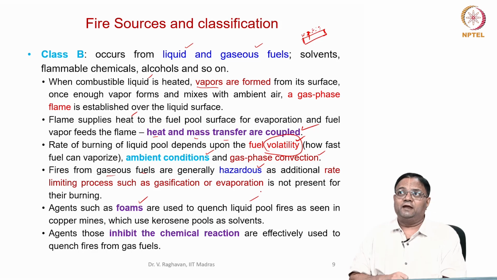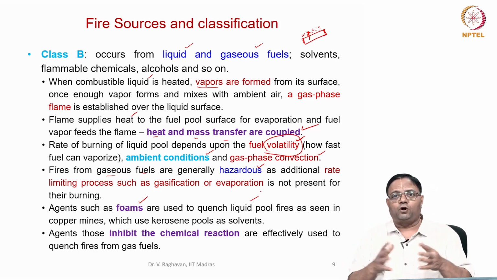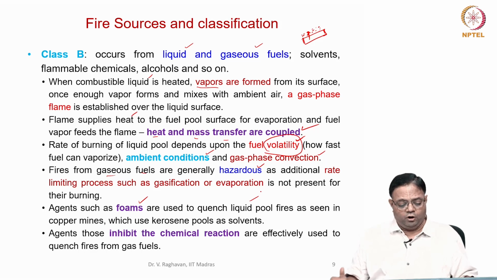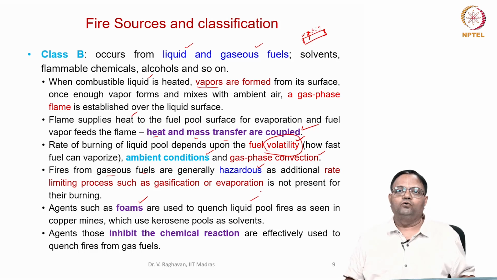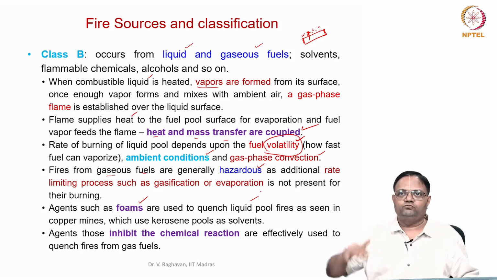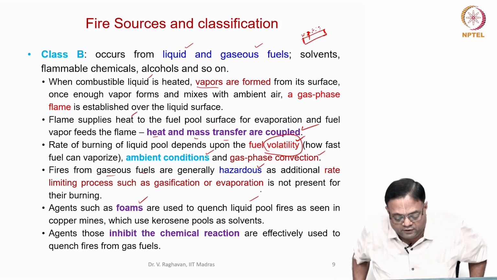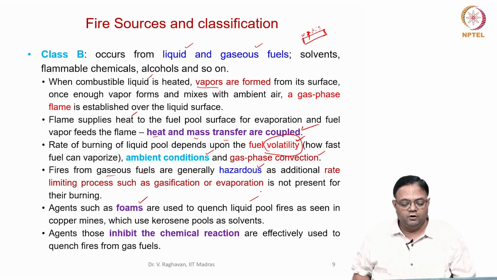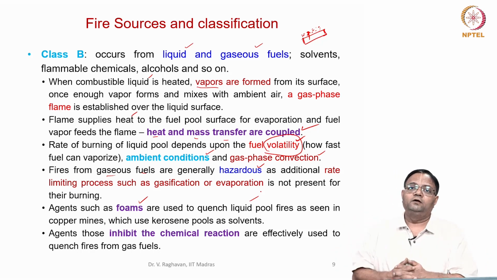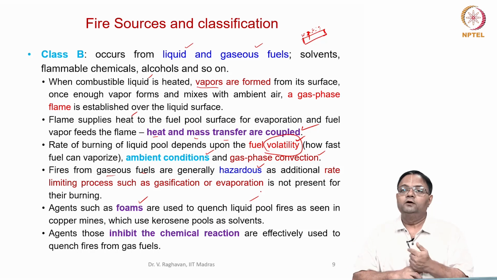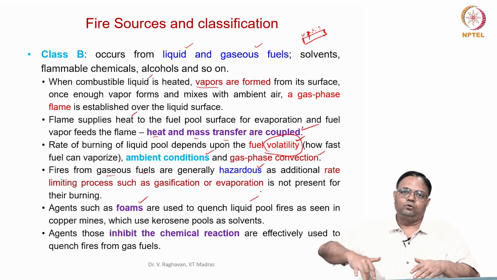When I inject foam, which is a very complex molecule, it spreads over the liquid fuel surface and thus allows no mass transfer from the surface to the gas phase. So what happens is the fuel is cut off. Aluminum industries or copper industries use a lot of kerosene pools as solvents. Now, when this pool catches fire, they apply the foam over the fire so that the surface is covered with the foam and the fire is quenched.